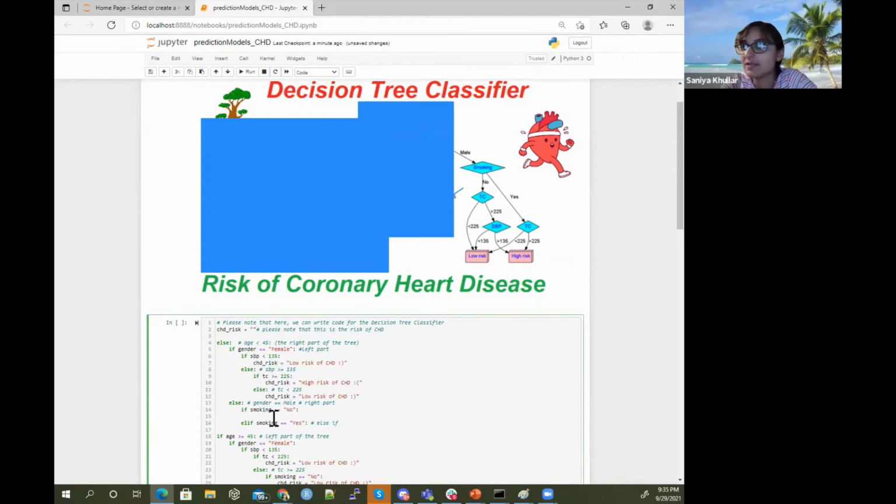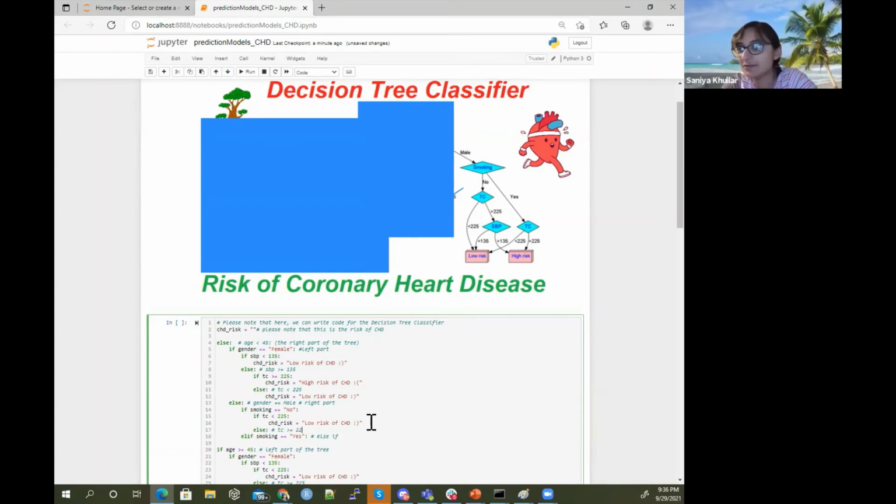So if smoking equals no, then we're going to check if total cholesterol, so we're right here, if TC is less than 225, then you are at a low risk. So that's what this is saying. CHD risk is low. Okay, and then we also have to have this else. So quickly write it before we forget.